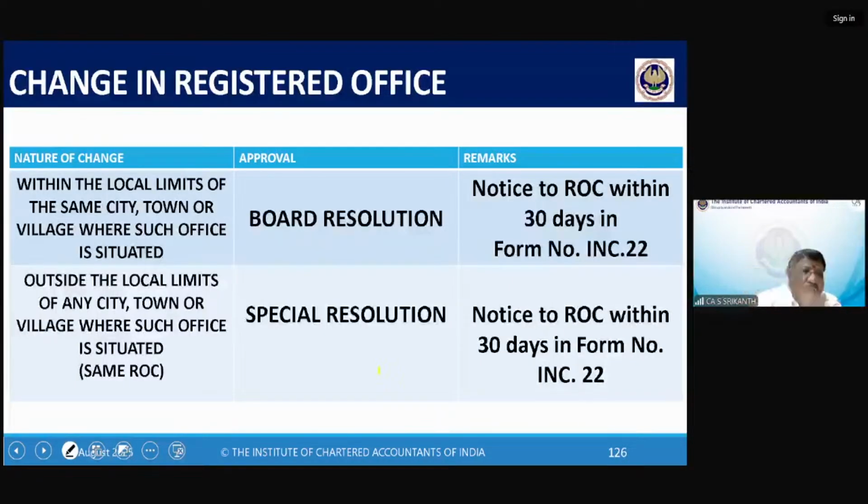Now he wants to change his registered office from Pune to that gaon, which is outside the local limits of Pune. But same ROC, na? Remember, Maharashtra has 2 ROCs, one in Mumbai, one in Pune. So it will still be under Pune ROC only, but outside the city of Pune. For that, what is the thing? You have to pass a special resolution.